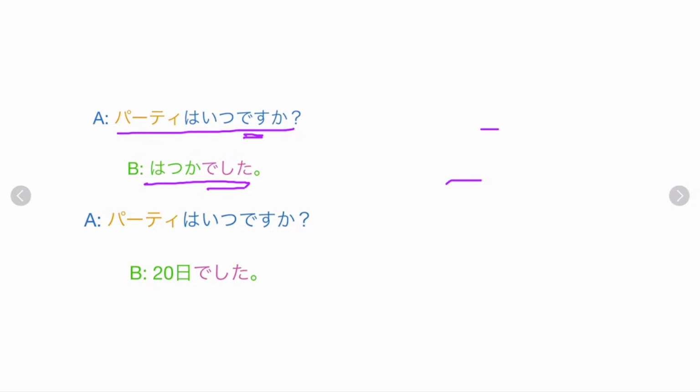You don't have to learn special rules for the future. It's just desu or deshita. Is or was. And is includes the future. So when is the party, as it is in English? It could be now, it could be in the future. It's generally asking when is it, but it's assumed that the party didn't already happen. If the party had already happened, it would be deshita, right? And in English, it would be was. Same thing. That stays consistent. So that's good. That's easy for us to remember.